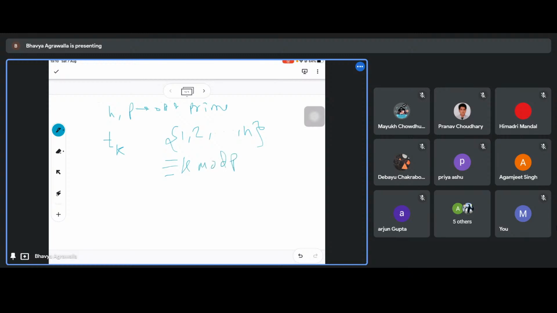This was for k equal to 1 to p minus 1. 0 was not included over here. And we wanted to find all n for which t_1 equals t_2 equals ... equals t_{p-1}. Right, this was the problem. Any ideas?